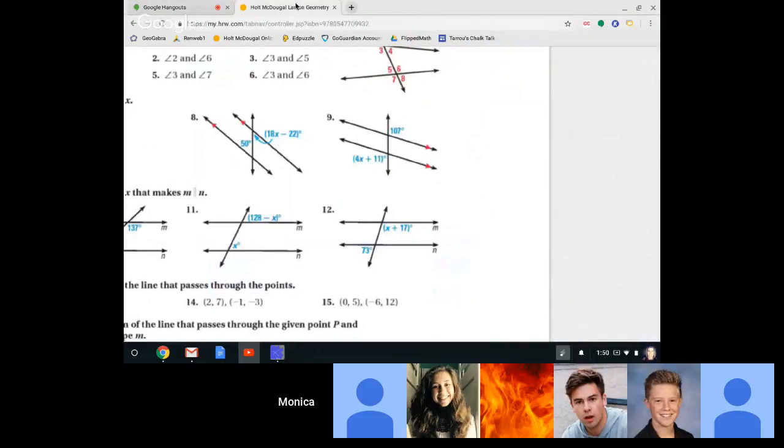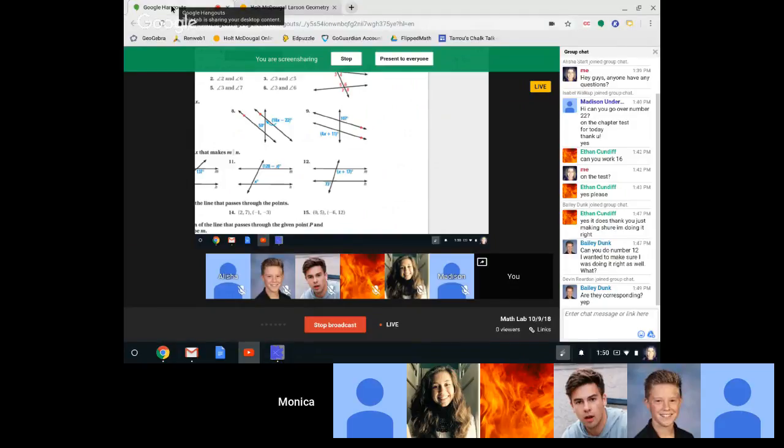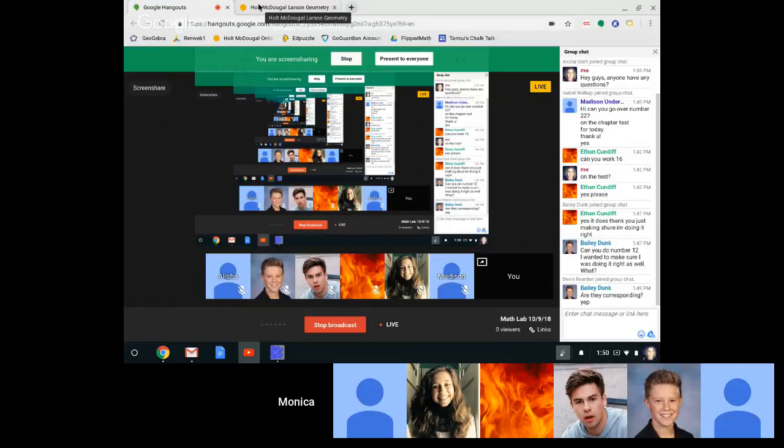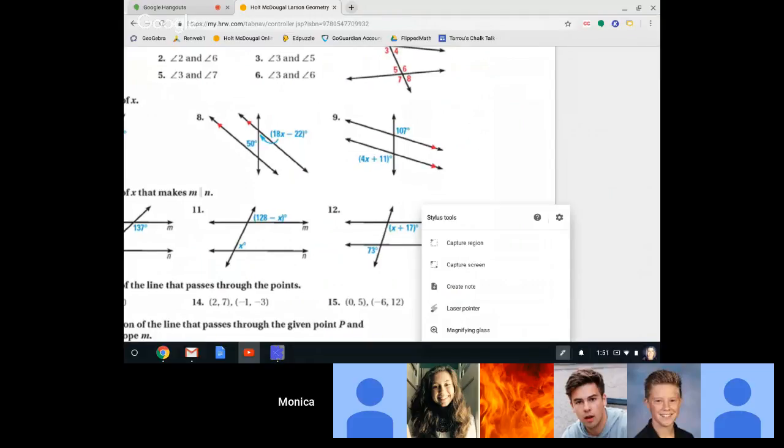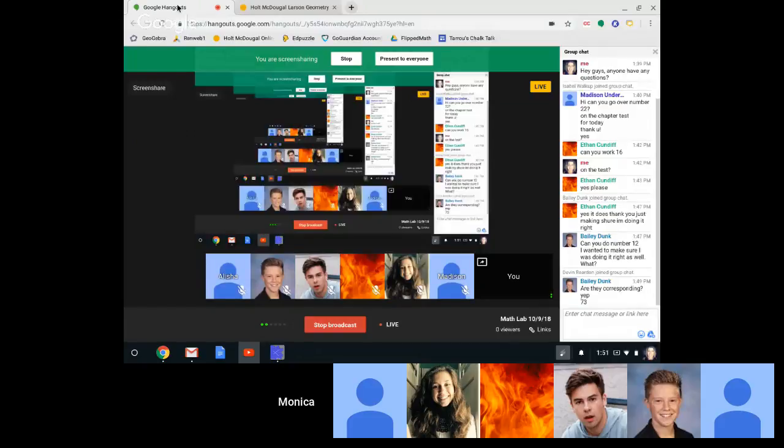So if it's a vertical angle with this angle, what does that make the measure of this angle here? Okay, that's right. It makes it 73. And then what do we know about this angle and this angle? Now we have a relationship that we can define between those two.